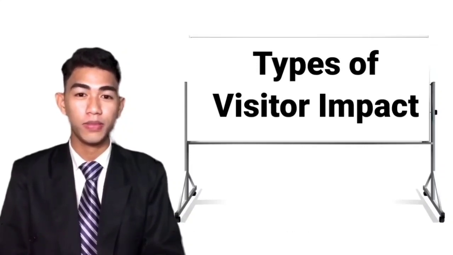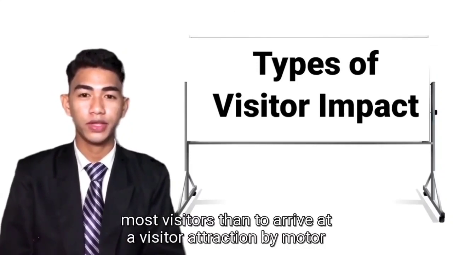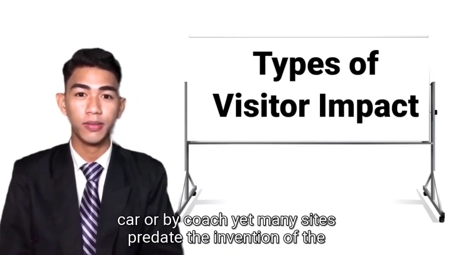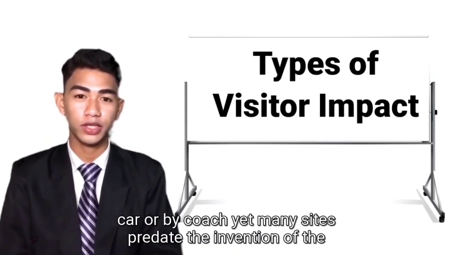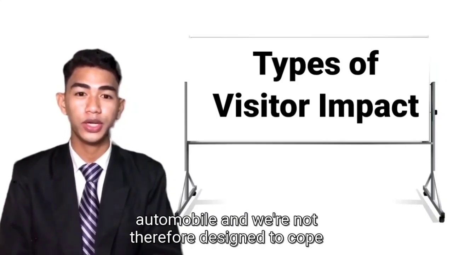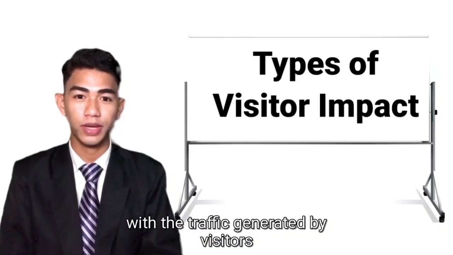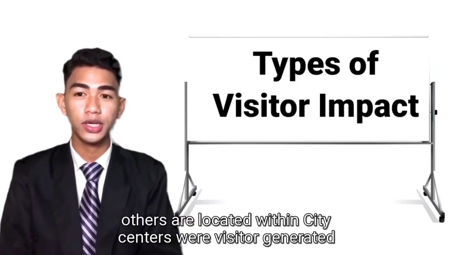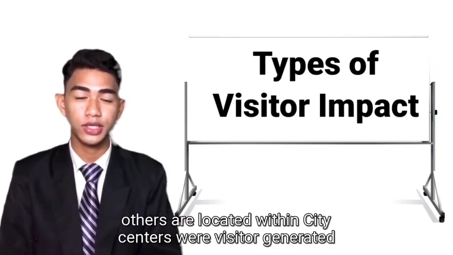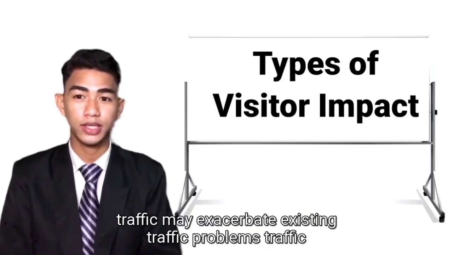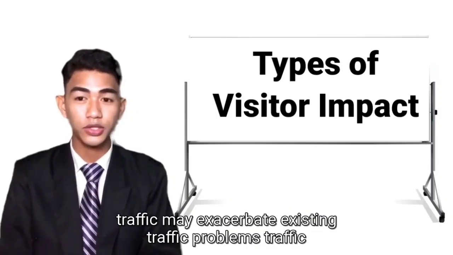Traffic-related problems. Most visitors tend to arrive at a visitor attraction by motor car or by coach. Yet, many sites predate the invention of the automobile and were not therefore designed to cope with the traffic generated by visitors. Others are located within city centers where visitor-generated traffic may exacerbate existing traffic problems.